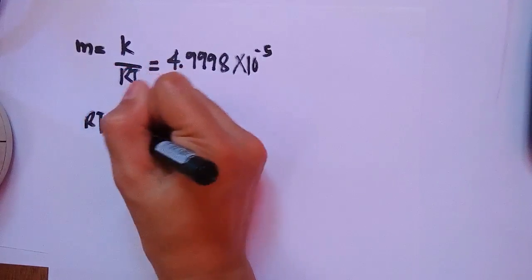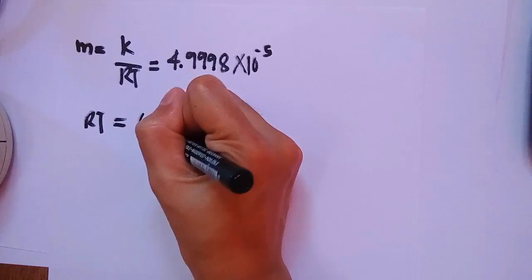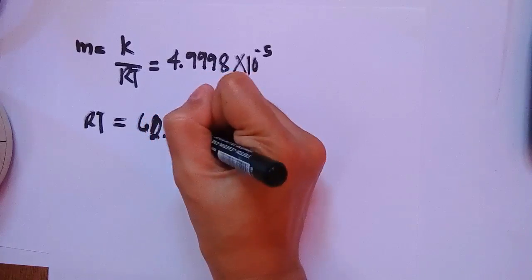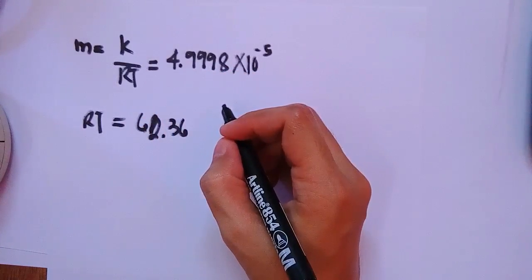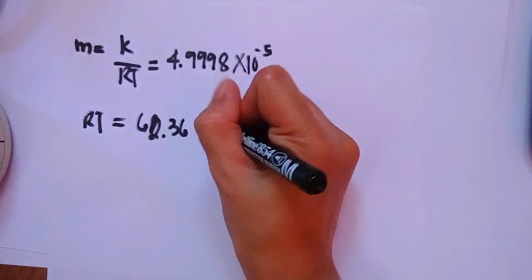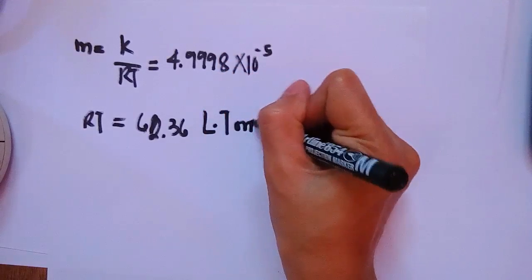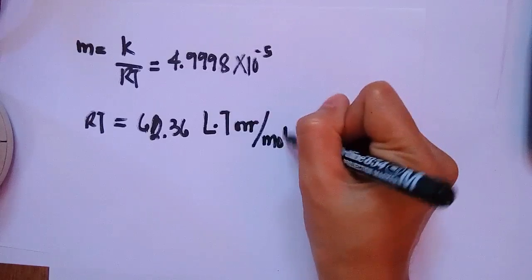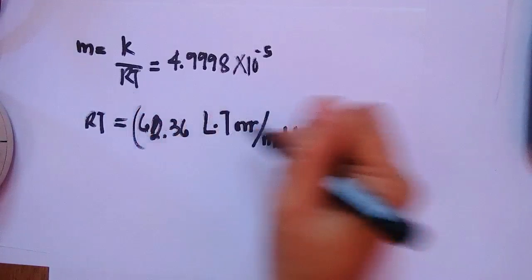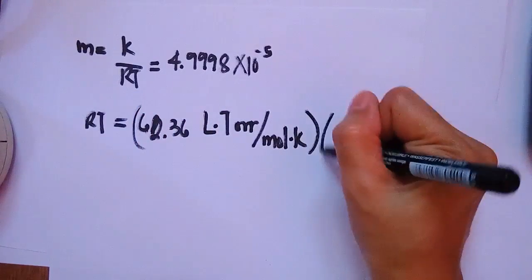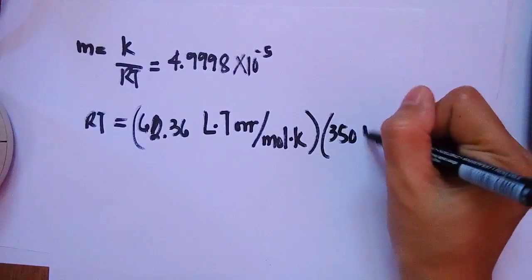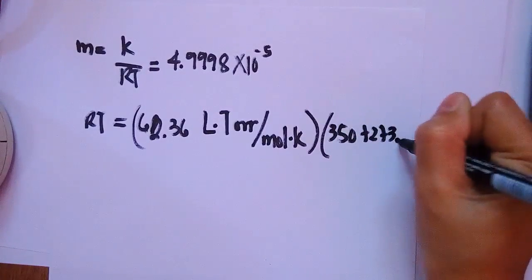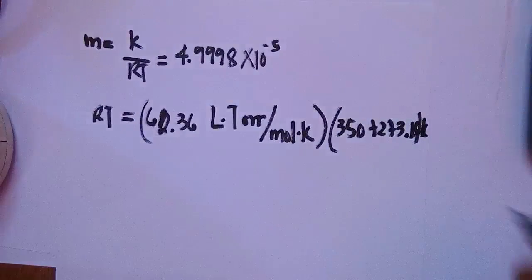Our RT is just 62.36 liter Torr per mole Kelvin multiplied by the temperature, which is 350 plus 273.15, that is in Kelvin.